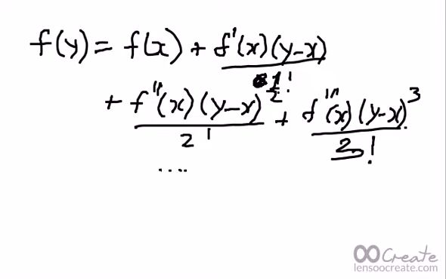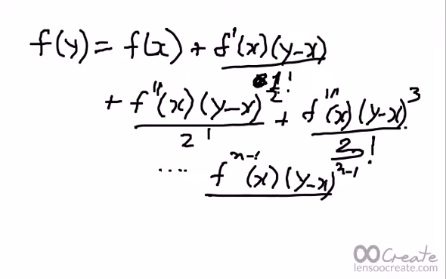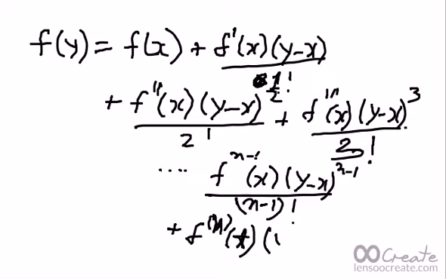and so on up to the (n-1)th order derivative times (y minus x) to the power n minus 1 divided by (n minus 1) factorial, plus f^(n)(t) times (y minus x) to the power n divided by factorial n.